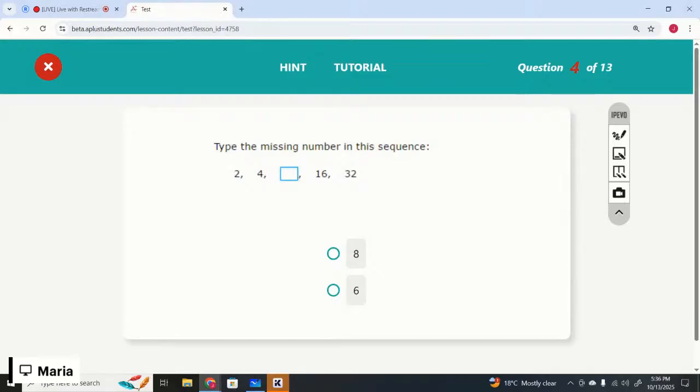Type the missing number in the sequence: 2 times 2 is 4, 4 times 2 is 8.